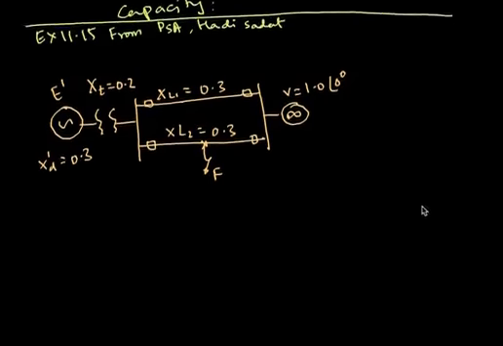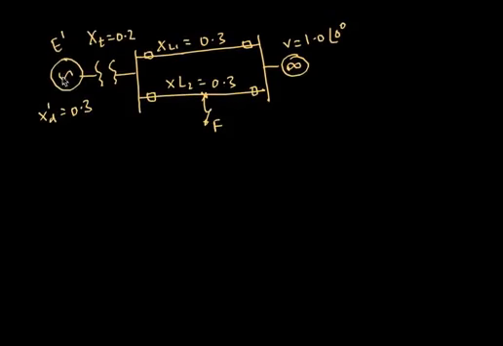The problem is something like this. There is a generator here whose direct axis reactance is 0.3, followed by a transformer whose reactance is 0.2, and then two transmission lines each having 0.3 per unit reactance, and finally connected to the infinite bus whose voltage is 1 at an angle of 0.